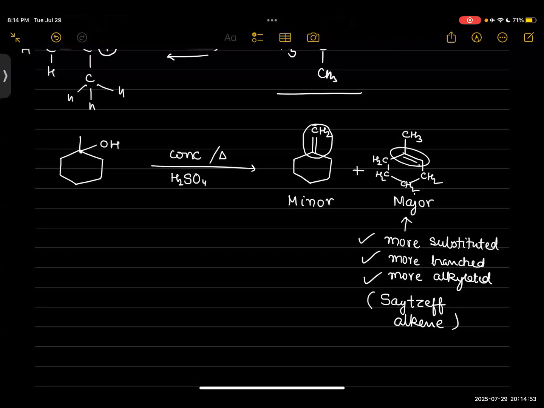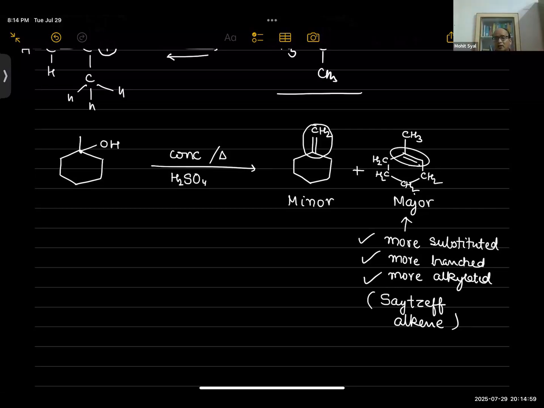Marwa, is it clear? Ibrahim? Yes, sir. Okay. You need to look where you have more carbon atoms, on which alkene you have more alkyl groups. So that is the main alkene.